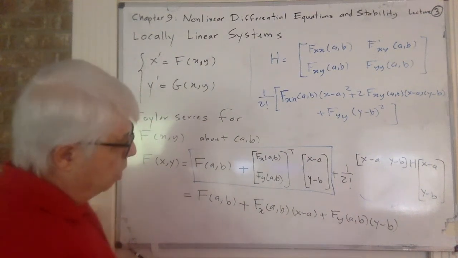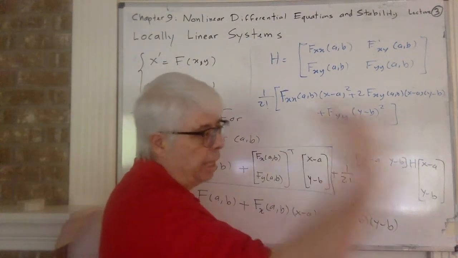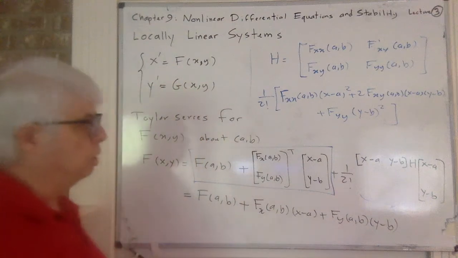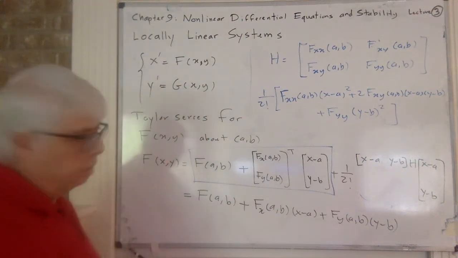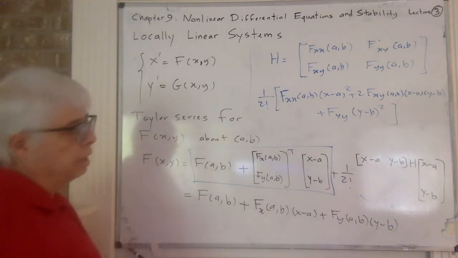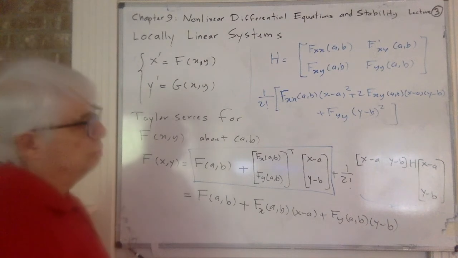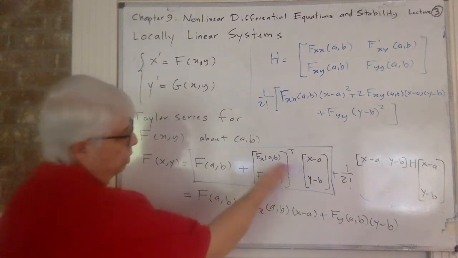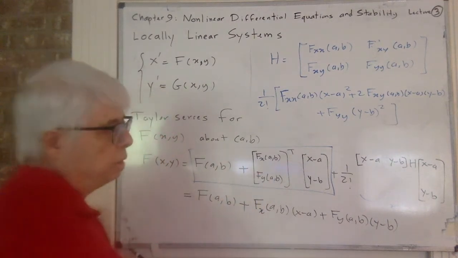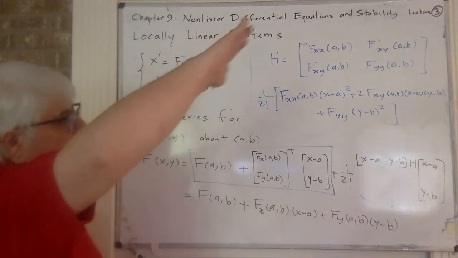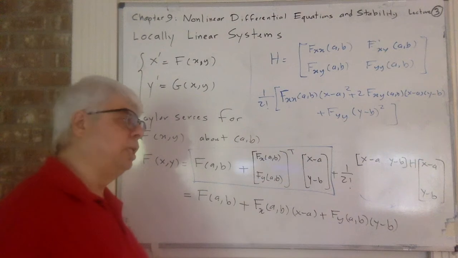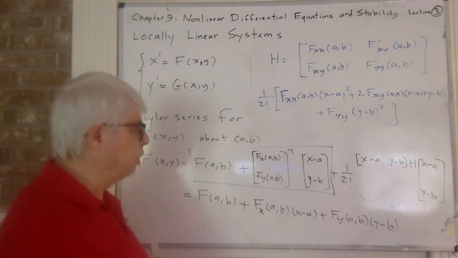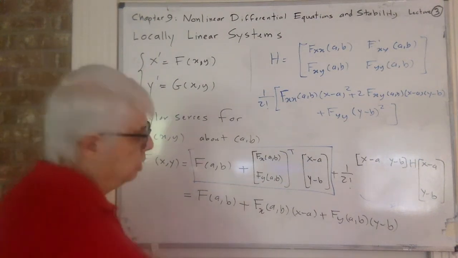Now, as it goes on, you will get 3 factorial, 4 factorial, n factorial. So the nth one has n factorial. And just imagine that has x minus a to the power n. So that's any combination of x minus a and y minus b to the power n. So that is, compared to this first one, the linear term, basically 0. So when we're getting close to point A and B, instead of dealing with the function f(x,y), we can deal with the tangent plane.